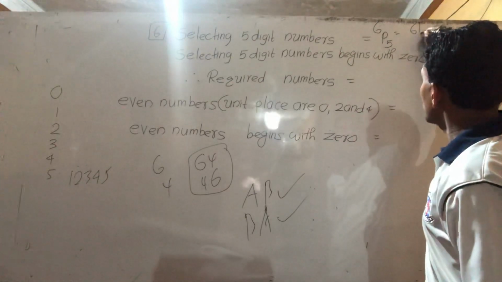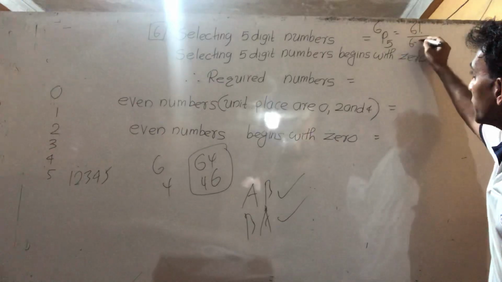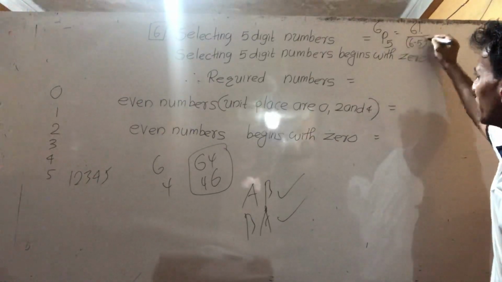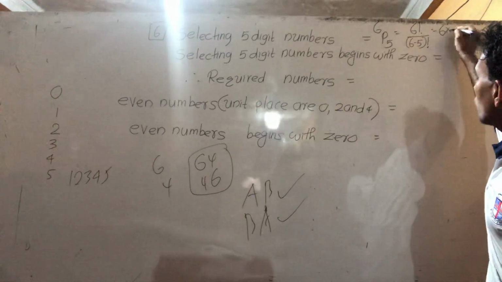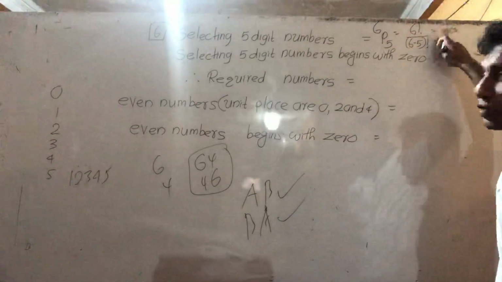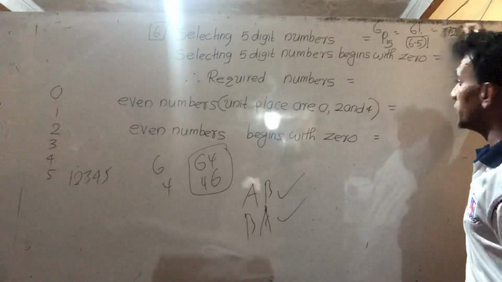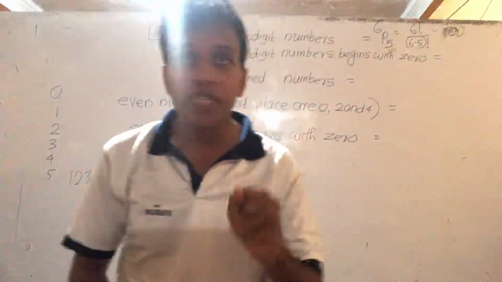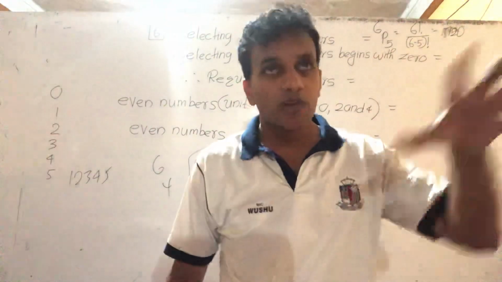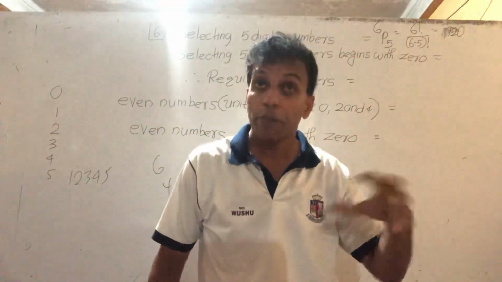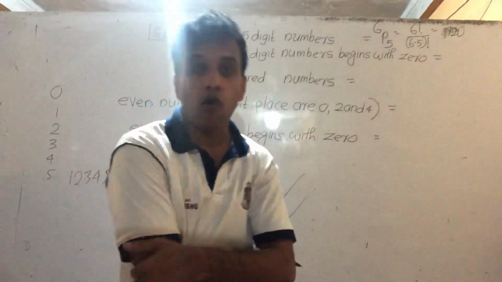Factorial 6 over (n minus r) only. 6 minus 5 is 1, that is 1 factorial. So 6 into 5 into 4 into 3 and so on, simplified, becomes 720. Selecting a 5 digit number using these given 6 values, randomly selecting with no repeats, there are 720 numbers that can be formed.